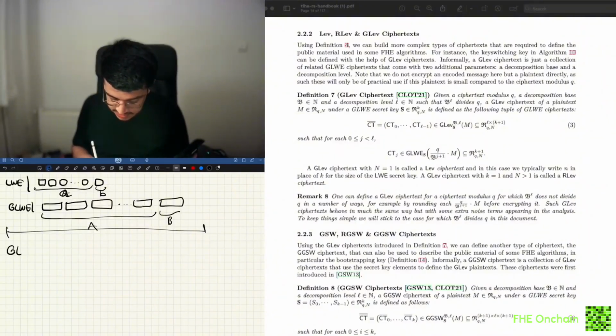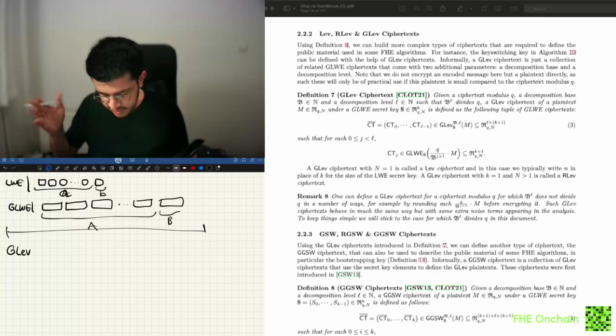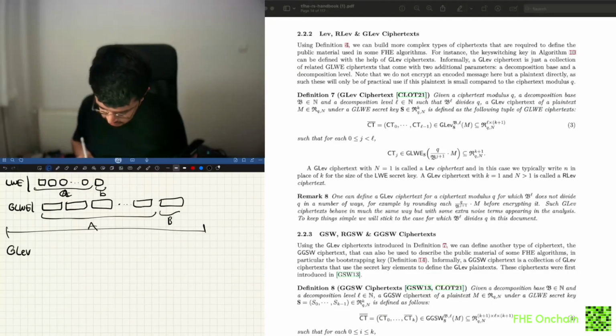This time, as it is a combination of different GLWE ciphertexts, it would look something like this. Okay, this is too big.